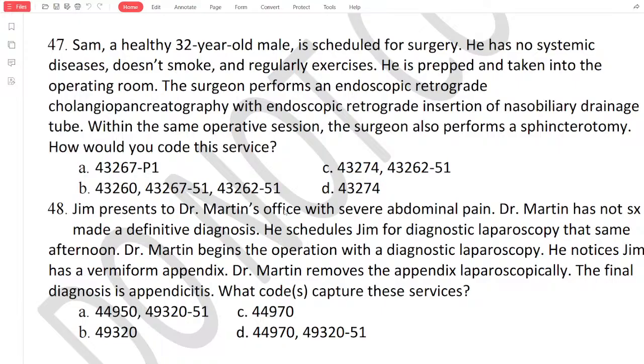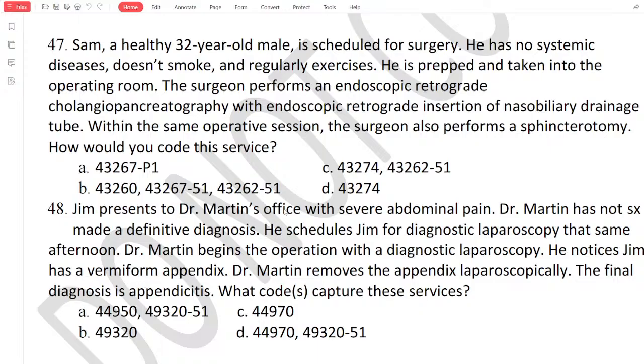How would you code this service? The options are 43267 modifier 51, 43262 modifier 51, 43274. Try to do it yourself.